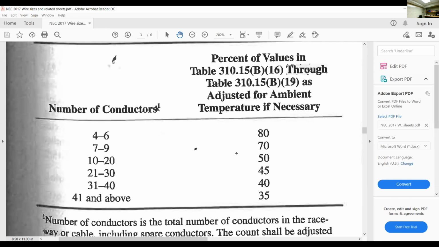You have to do an adjustment factor because of the number of conductors. If you got between 7 and 9 wires in that conduit raceway, you got to multiply the amp rating by 0.7. If that number of wires is in there, you take the 55 amps times 0.8. And then what would it be then if you said 55 amps times 0.8?